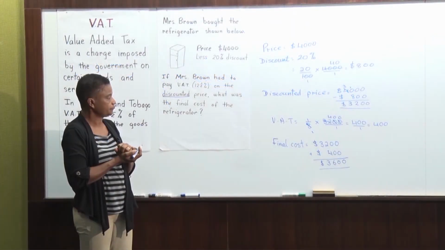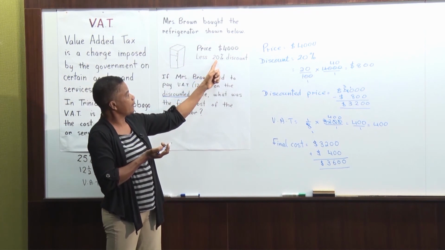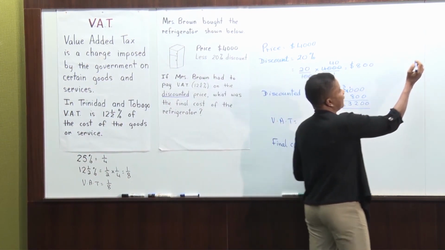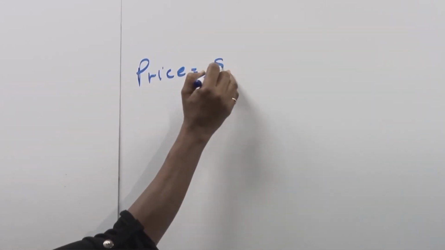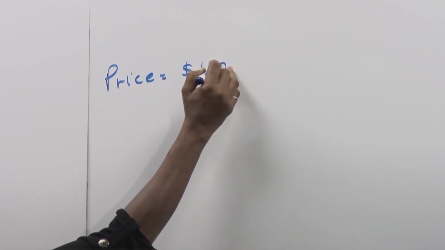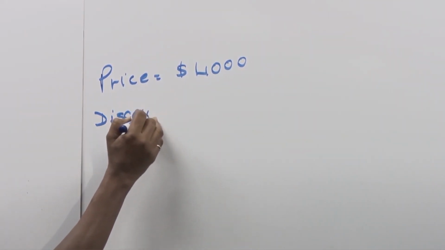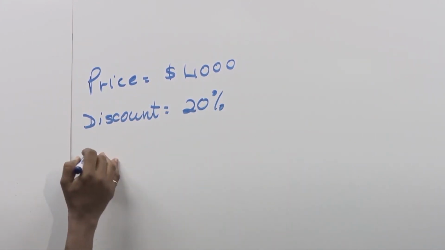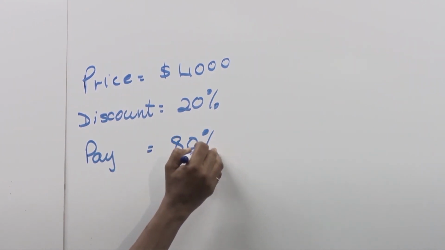which works out to be $3,600. But let's look at it another way. If she's getting a discount of 20%, then she's only going to be paying 80%, yes. So if the price of the refrigerator is $4,000 and she's getting a discount of 20%, then she's only going to pay, that's correct, 80%.